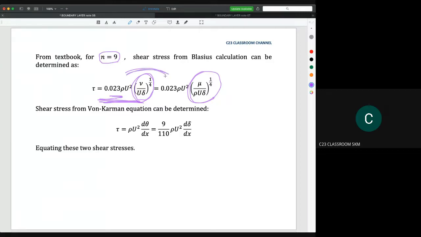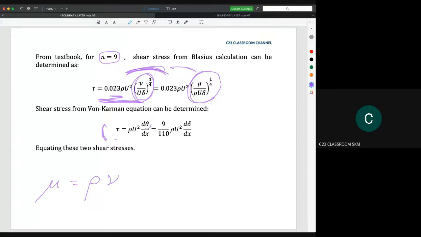You need to remember the relationship between dynamic and kinematic viscosity can be written as mu equals rho nu. So you could change this equation into this. This is not a different equation, it is actually the same equation. So we start with the von Karman.